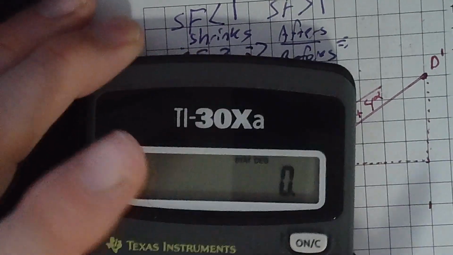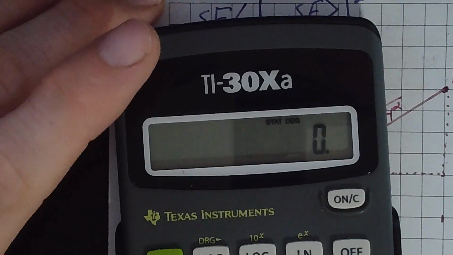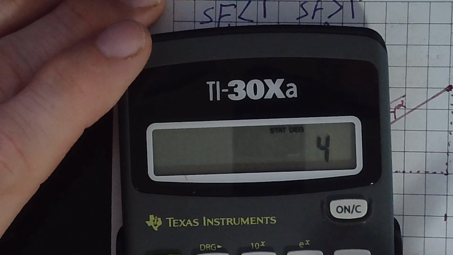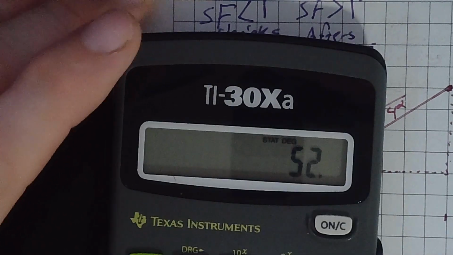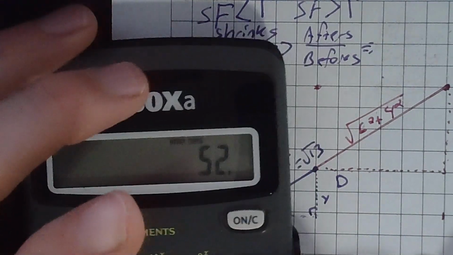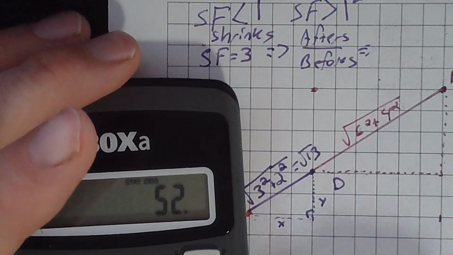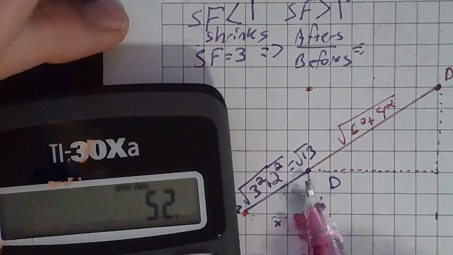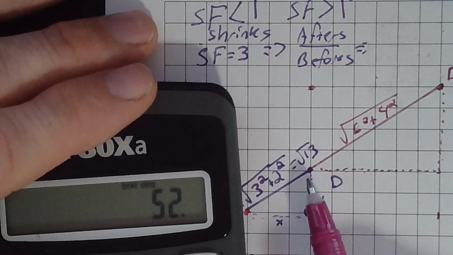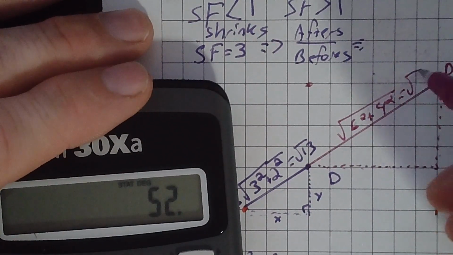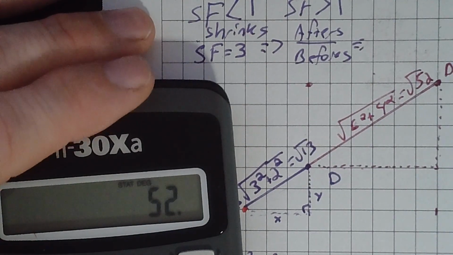So if I grab my calculator, this is interesting to see. If I go 6 squared plus 4 squared, it equals 52. It's the square root of 52. But how do I simplify that? Well, my shortest distance is the square root of 13. So I'm just going to put equals the square root of 52 for simplification.